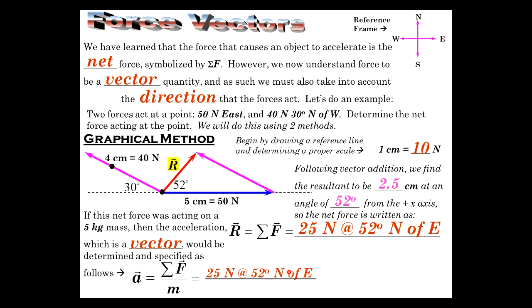We fully specify the force and divide it by the scalar mass, 5 kilograms. Now, the scalar affects the magnitude of the resulting physical quantity, which is acceleration. But does it affect the angle? And I'm sure you realize the answer is no, it doesn't. So the answer is 5 meters per second squared, 52 degrees north of east. And we've solved our vector and force problem.